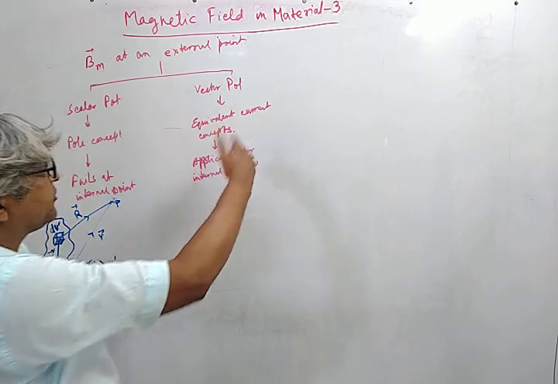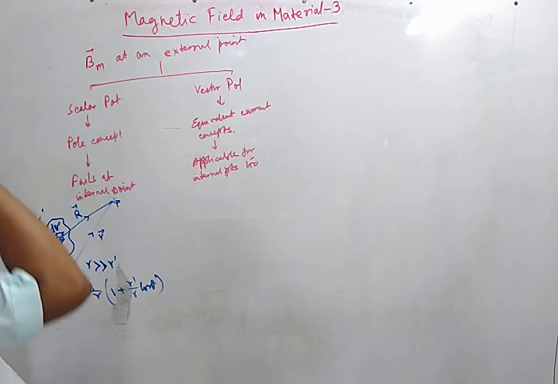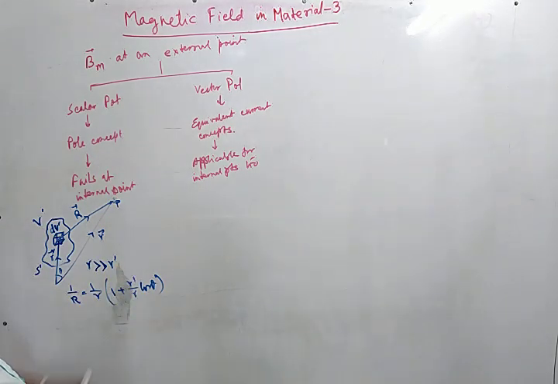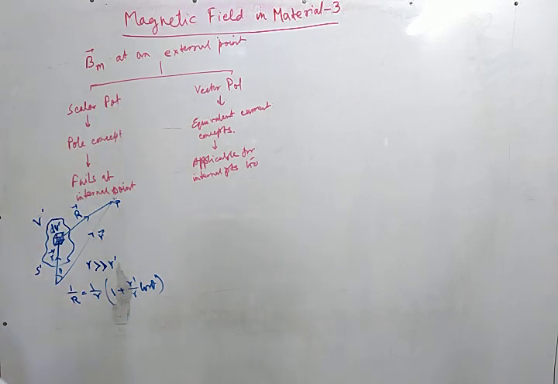The other alternative is the vector potential approach. The vector potential approach is applicable at external as well as internal points, because it is guided by the law that divergence B is zero, which is a universal law of magnetism.